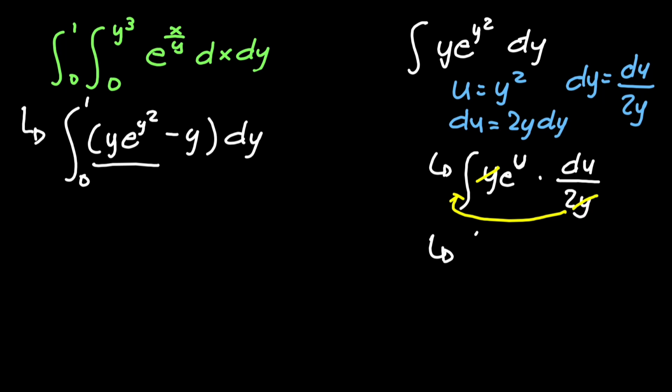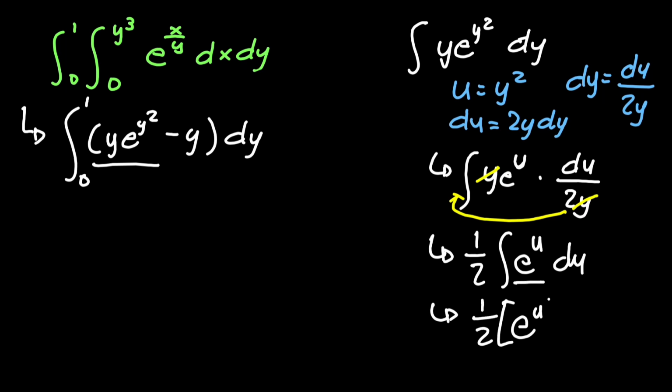So it would be 1/2 the integral of e^u du. And we know that the integral of e^u is simply e^u. Or 1/2 multiplied by e raised to the power of the value of u, which is y squared.